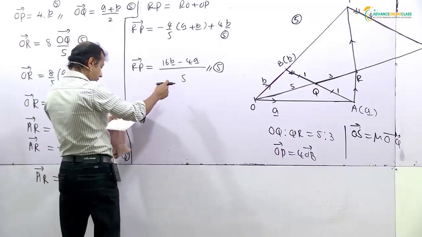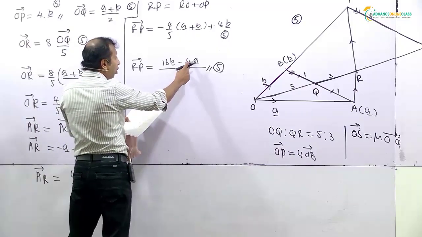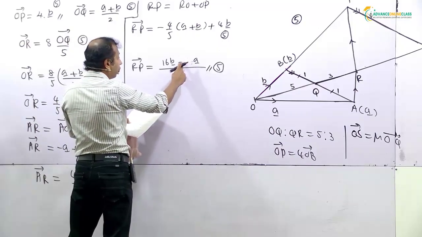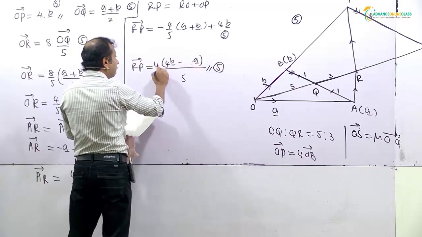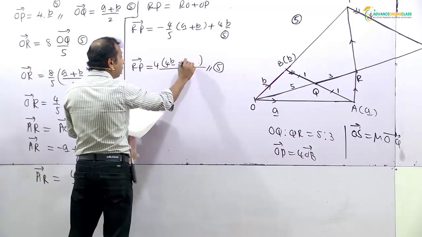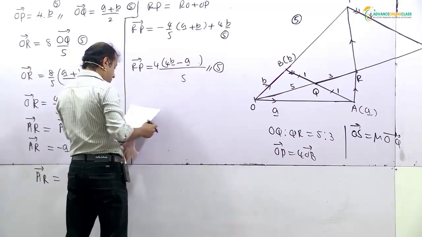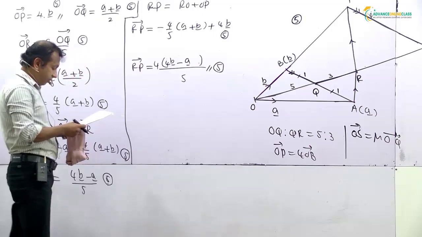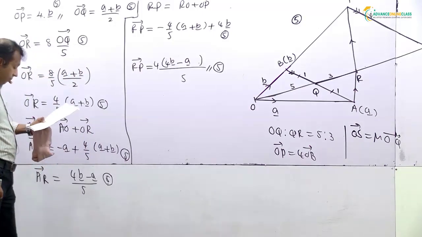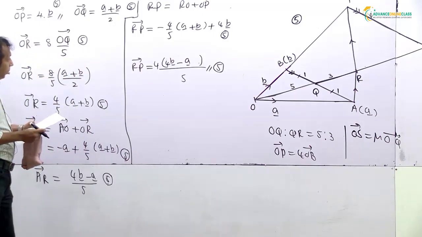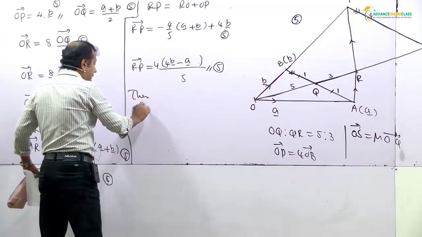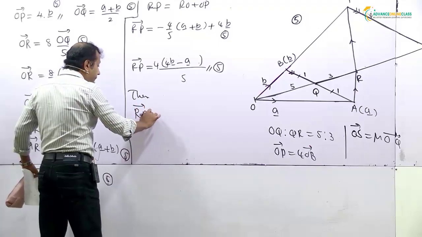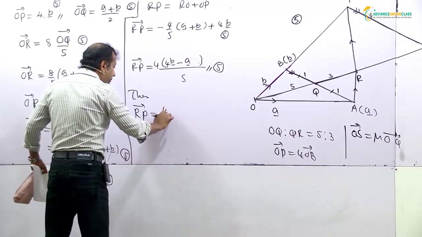Really, you can take 4 out from this, no? When you take 4 out, we get 4B minus A divided by 5, yes. For that, 5 marks. Then we can write here the RP vector, 4 upon 5.